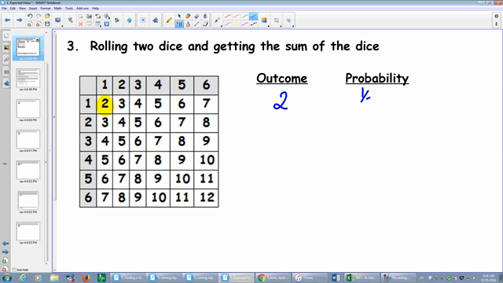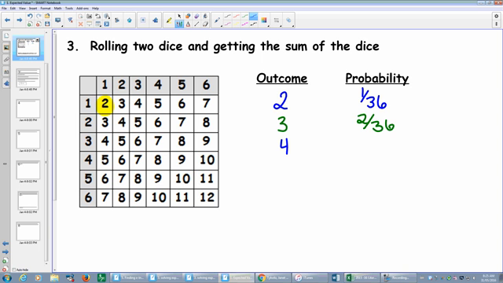Very good, 1/36. Scott, what's my next outcome? And what's my probability of getting a 3? 2/36. Curtis, what's my next outcome? And what's my probability for that?